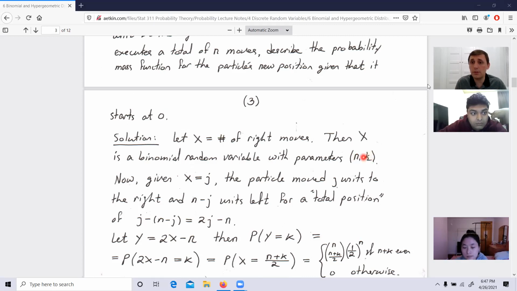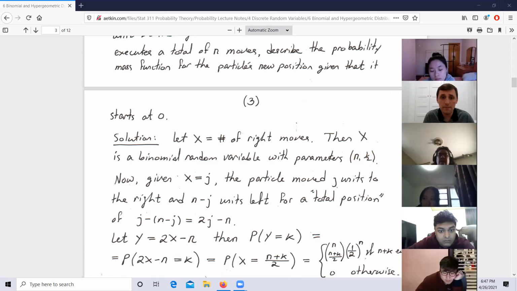This means the probability of success, where success here means movement to the right. So far clear? Now, I am not interested in X, I am interested in my position. What's my position? My position is the number of right moves minus the number of left moves, right? Each time I move to the left, I move to the negative x-axis, so I subtract.